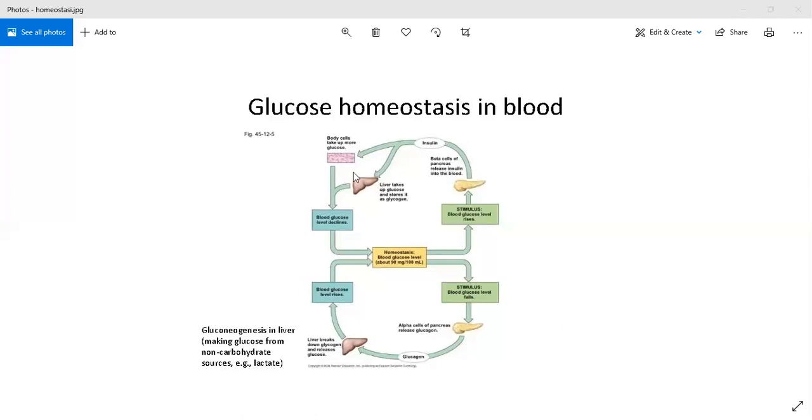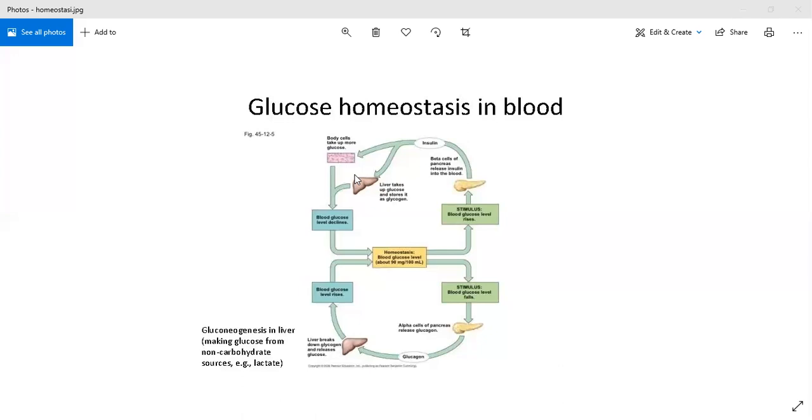So here you can see the liver. So insulin causes glucose to be converted to glycogen. This is glycogen, which is stored in the liver. So the excess glucose has left the blood. Now it is in the liver, but in the form called glycogen.